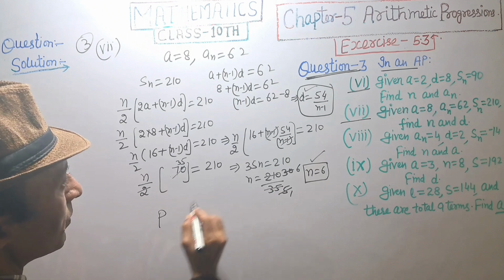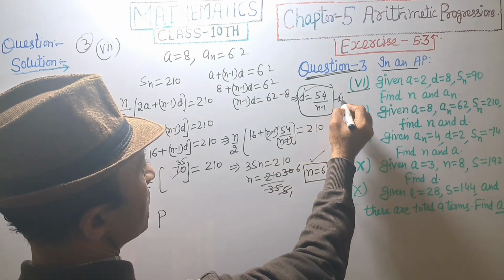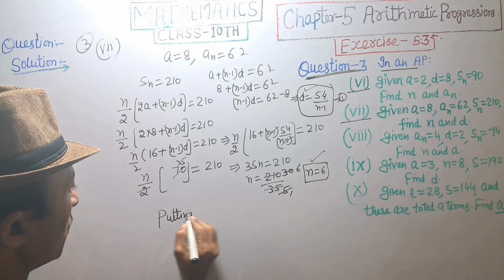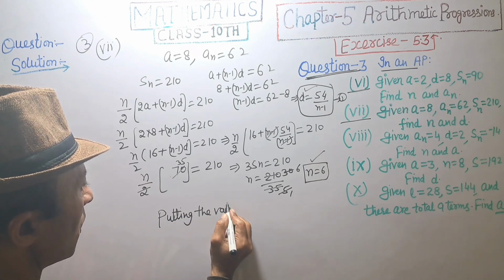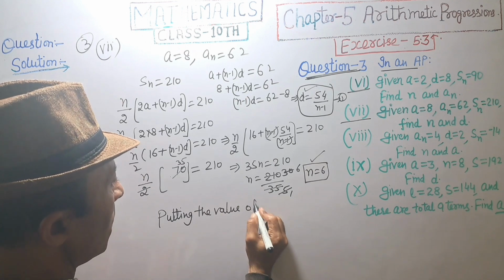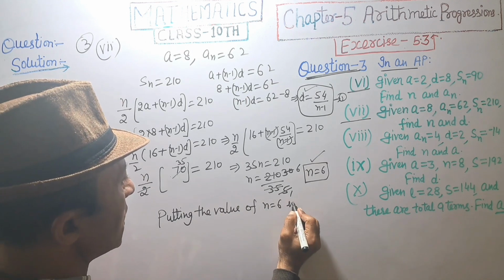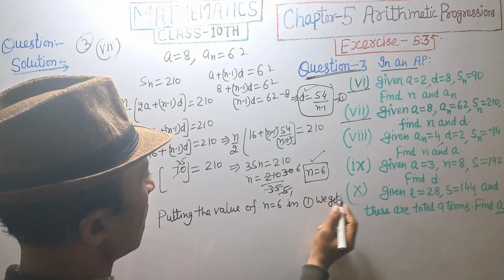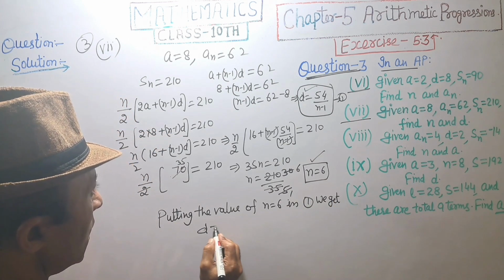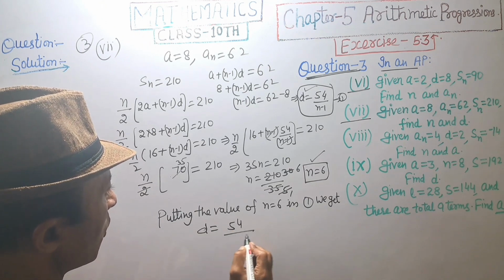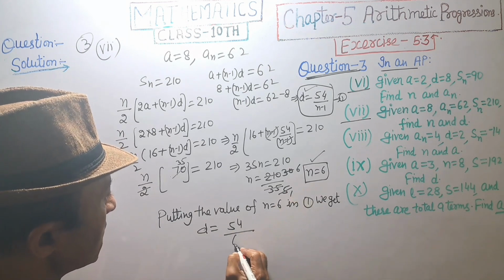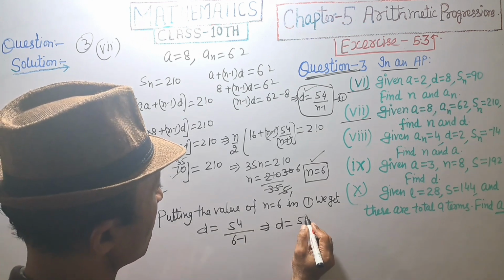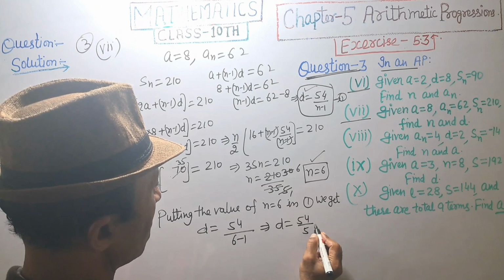Putting the value of n is equal to 6 in the first equation, we get d is equal to 54 upon 6 minus 1. This implies d is equal to 54 divided by 5.